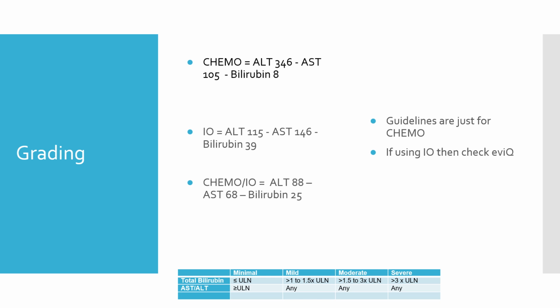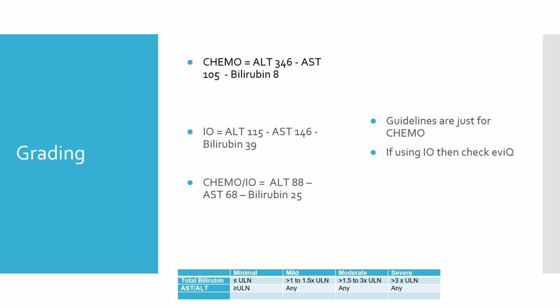The difficulty comes when we look at our chemo and IO combinations, which is becoming much more frequent. So recently I had a gentleman on cisgem-nivo who had an ALT of 88, which is 1.7 times the upper limit of normal, and he had an AST of 68, which is, I'll just work that out because I can't calculate, 1.5, and his bilirubin was also elevated at 1.25.